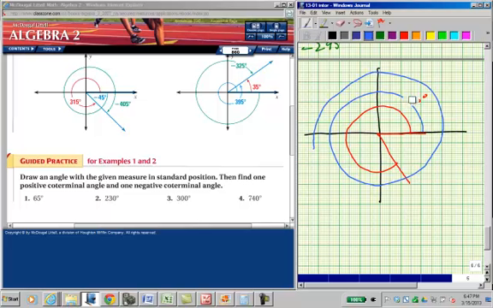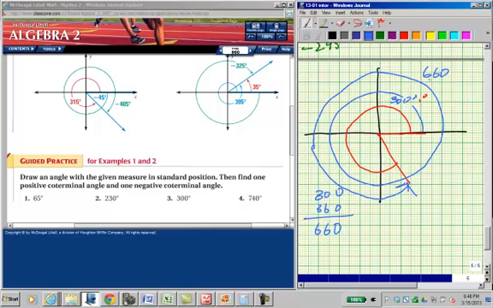I drew the angle right, but this was 300 degrees, not 270. All right, so I'm taking 300 plus 360, which is 660. So 540, plus 90, 630, and then 30 more degrees, and we got 660.